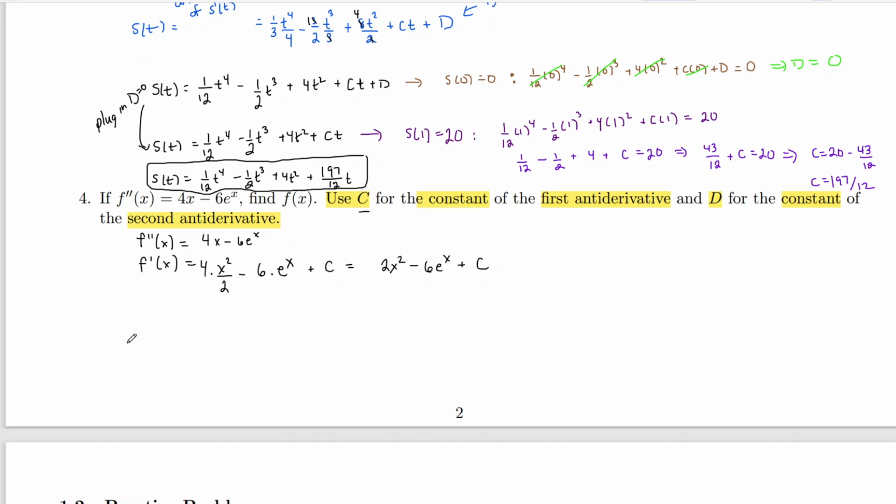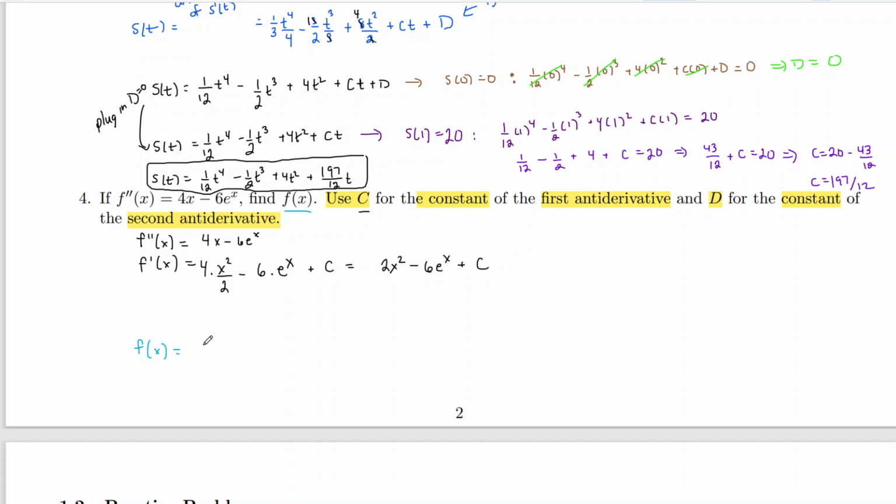And now for f of x, what we're really after, we'll get there with one more antiderivative because we just need to do one more antiderivative to get rid of all the derivatives. All right, so we got to do the antiderivative of this. And I definitely encourage you at this point to maybe pause it, see if you can get it right, and then watch the rest of the video.